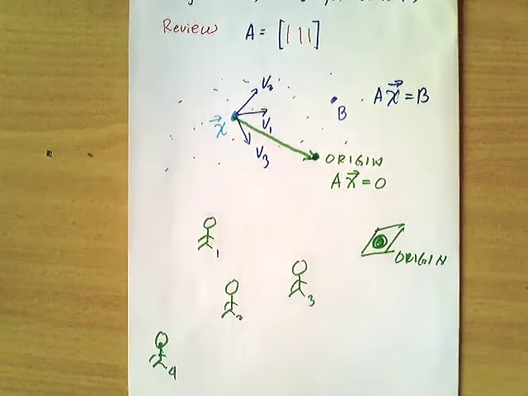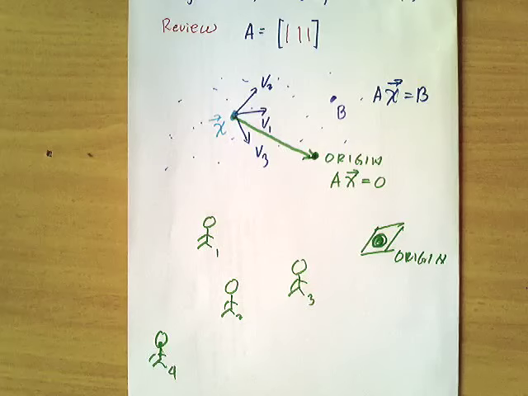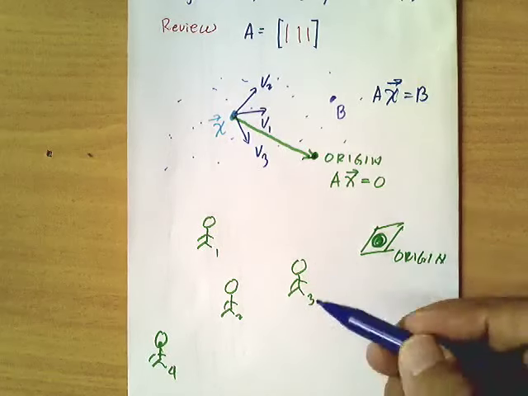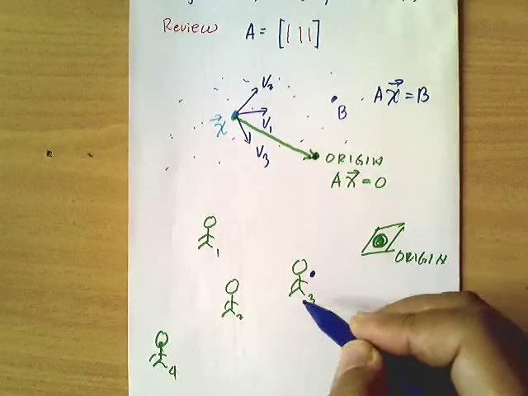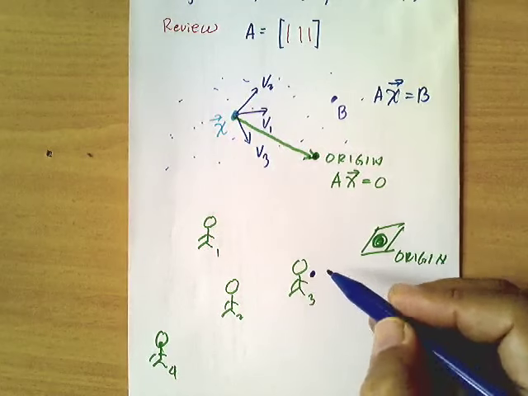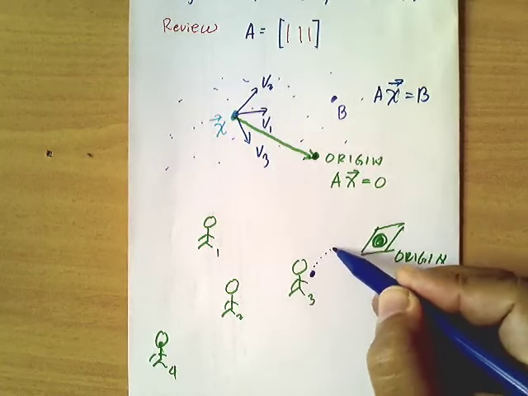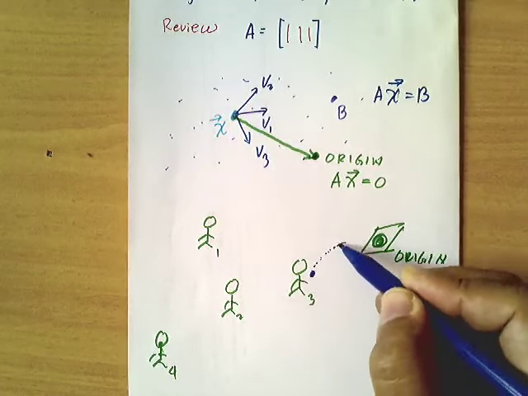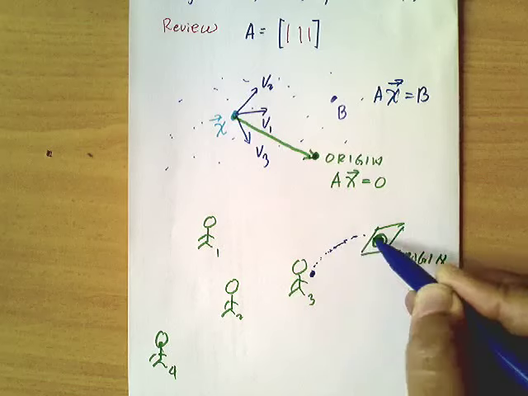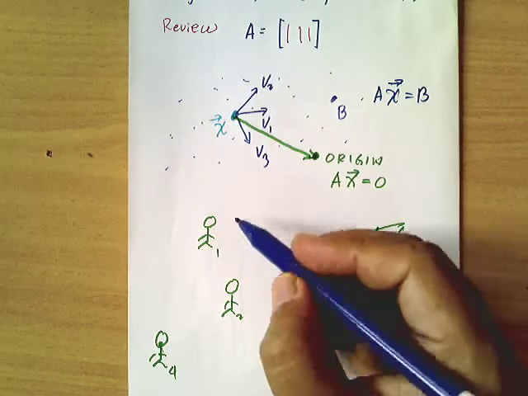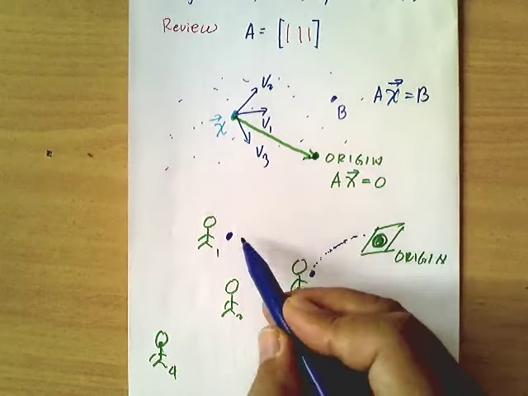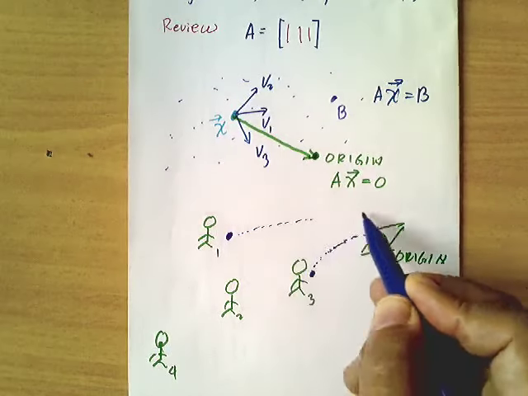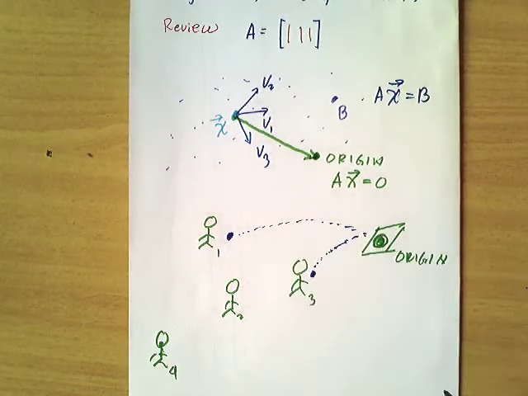And among these people, for example, player 3, if he's in this position and you pass the ball to him, he can actually shoot it into the origin. This one also has an ability to shoot the ball into the origin.